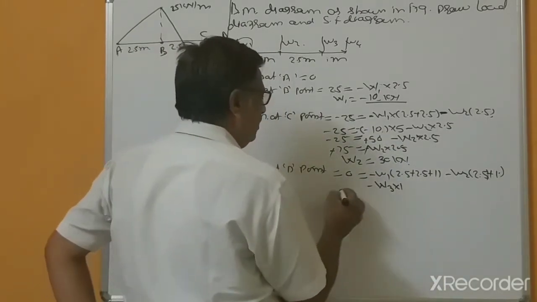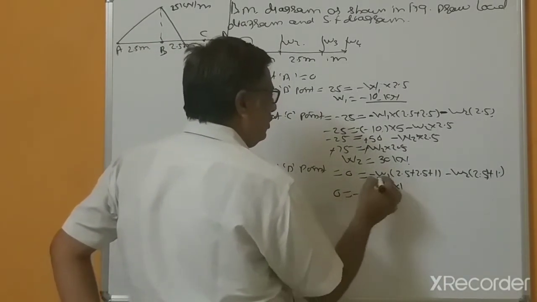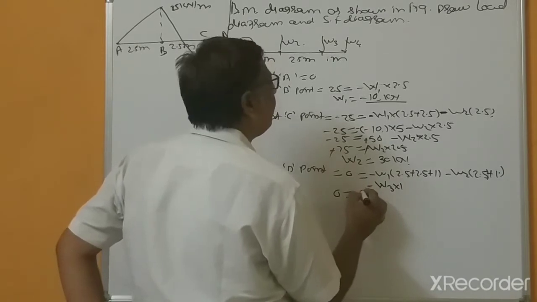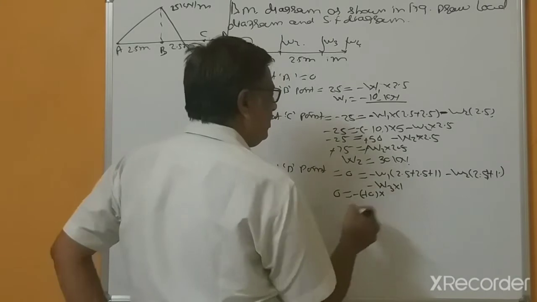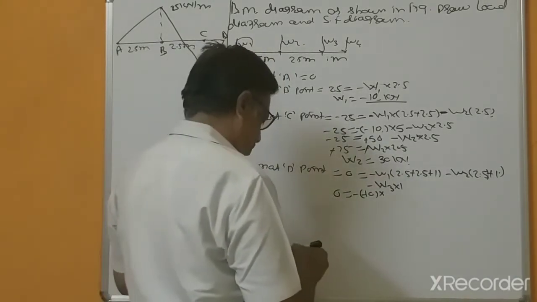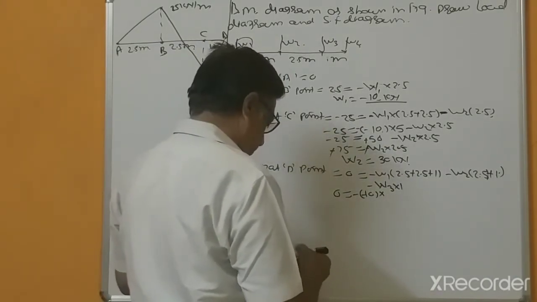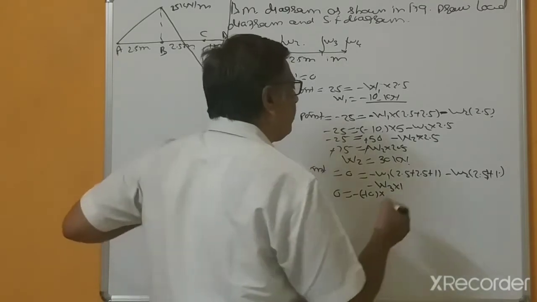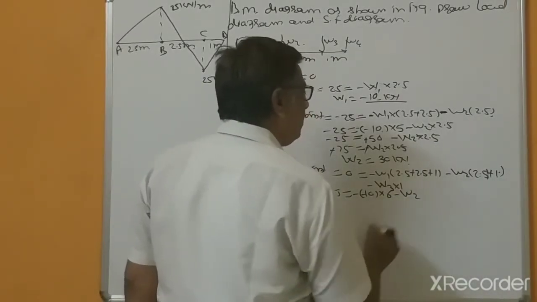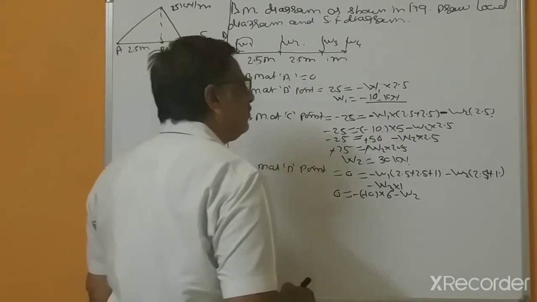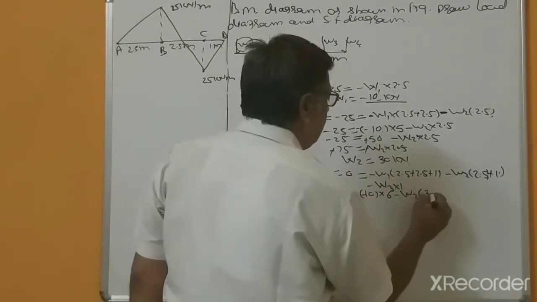Now put 0. W1 equals minus 10 into 6 kilonewton.